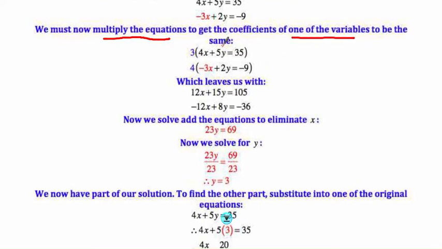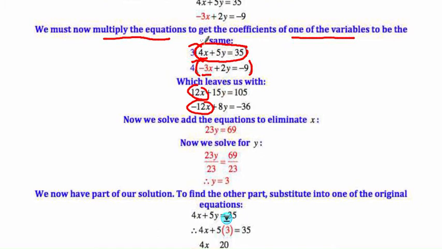In this case, for no particular reason, I've picked x, so I'm going to multiply the entire first equation by 3, so that I end up with an x coefficient of 12, and the entire second equation will be multiplied by 4, to ensure that the x coefficient is minus 12. I focused on the x's, but I could just as easily have focused on the y's.